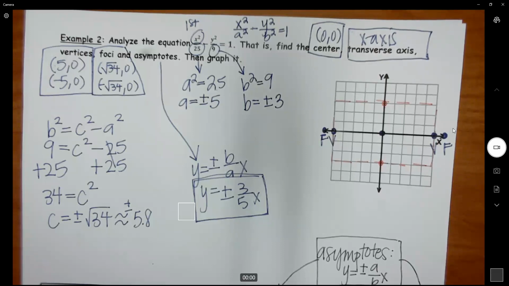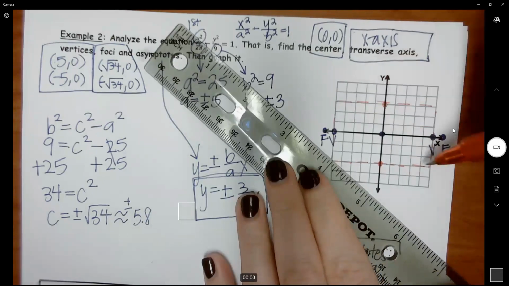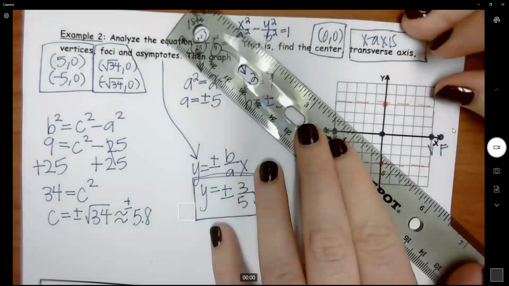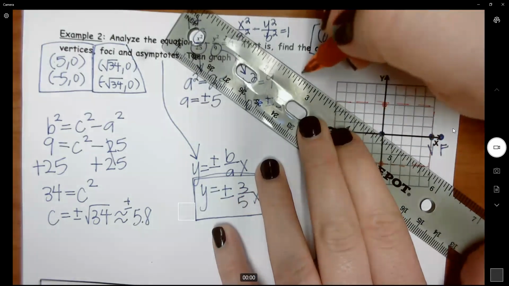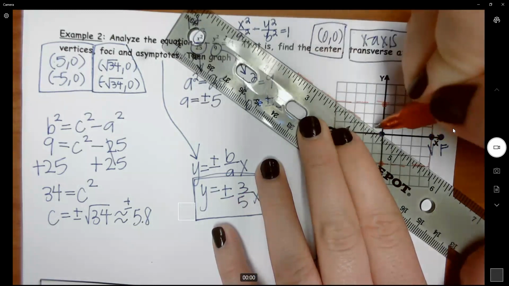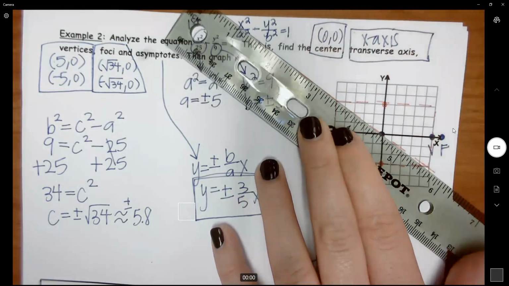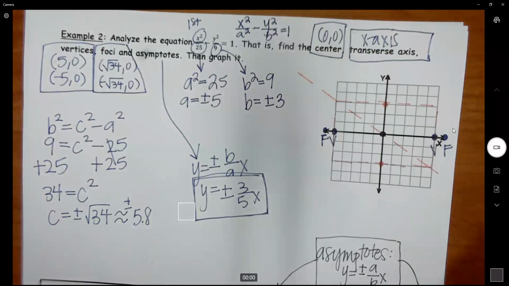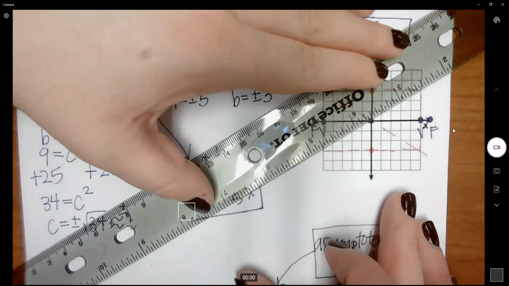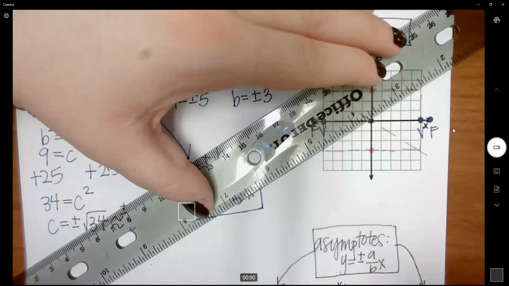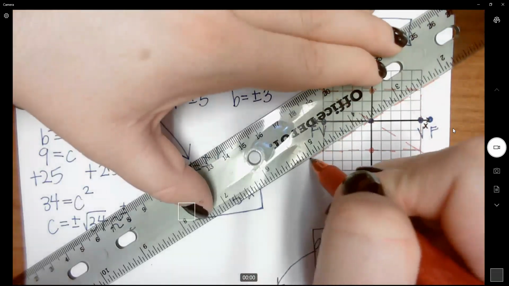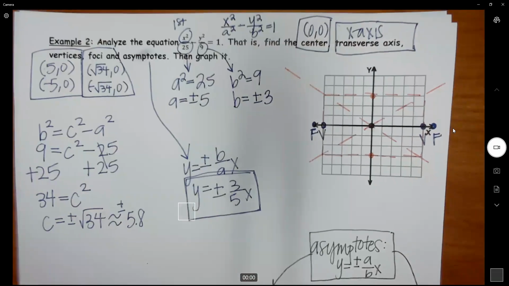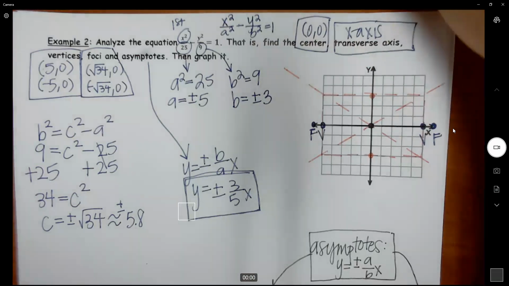So I make that box to help me make my asymptotes. So we go from corner to corner through the center. And we'll do it the other way as well. Corner to corner through the center. So that's going to help me make the shape of this.